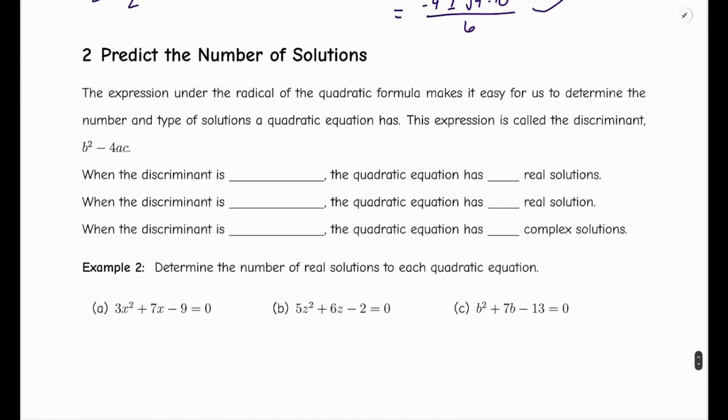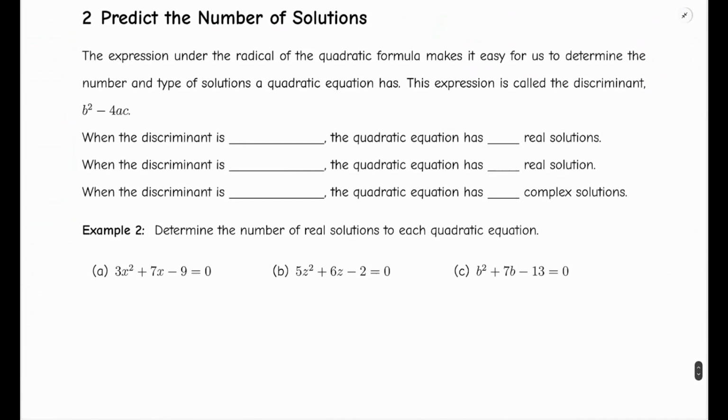Part 2. Predict the number of solutions. The expression under the radical of the quadratic formula makes it easy for us to determine the number and types of solutions a quadratic equation has. This expression is called the discriminant, b squared minus 4ac. When the discriminant is positive, the quadratic equation has 2 real solutions.